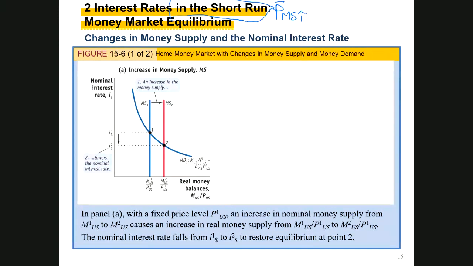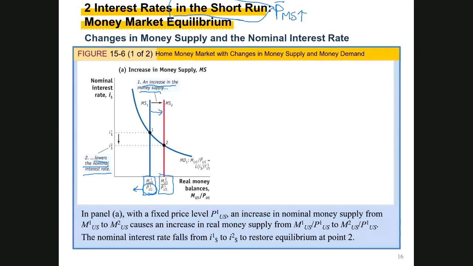M1 over P bar 1 is the original money supply. Now if the country increases the money supply, that will shift my supply curve to the right-hand side. So on the money market, the nominal interest rate is lower, right?